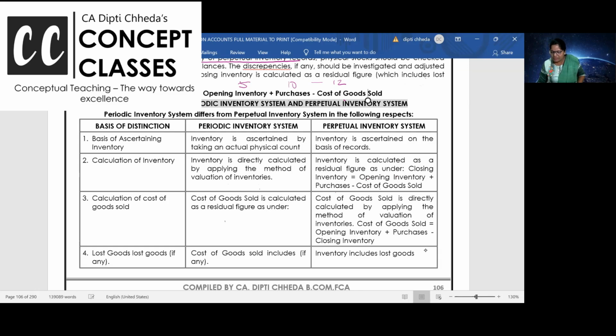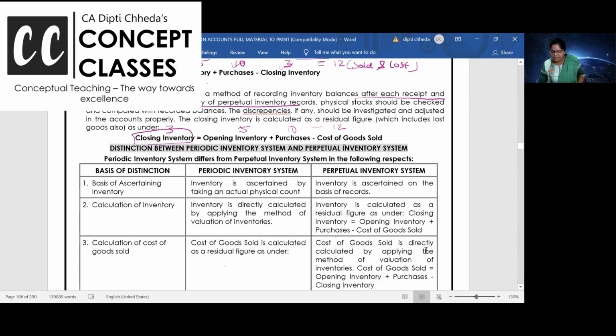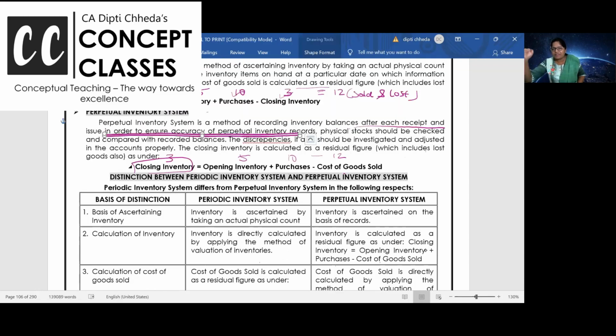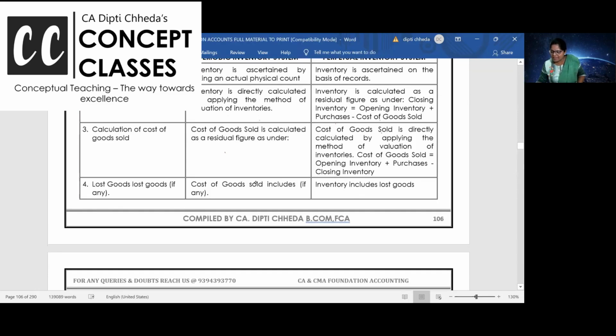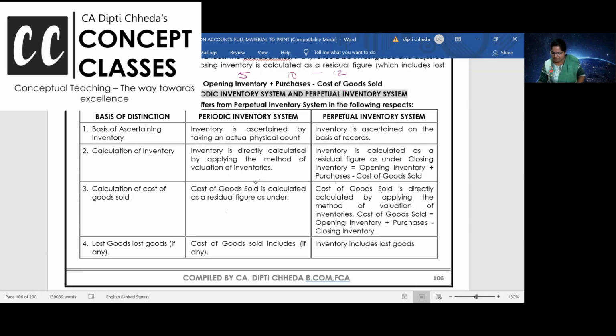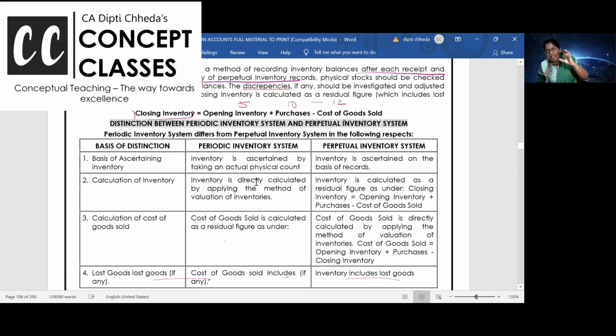COGS is the residual value in periodic, since closing stock you already got by physically counting. Here COGS is taken by applying sales and GP, and what you get is the closing inventory. Closing inventory includes loss. In periodic, cost of goods sold includes loss. In periodic, inventory you already know by physically counting, so you get COGS as your answer. This point is very important.